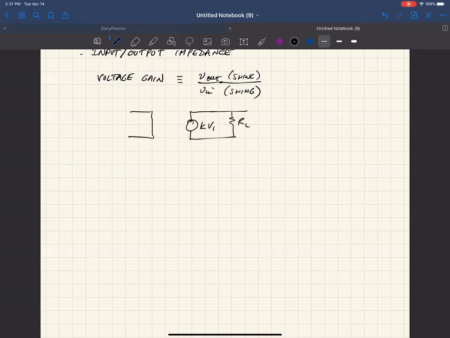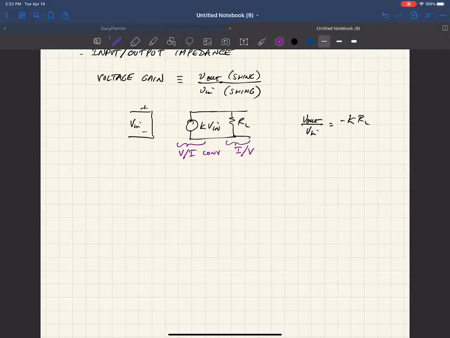So it'd be V in, okay, and then this would give us a V out over V in of minus K R_L, and this part is a voltage to current converter, and this part converts the current back into voltage.